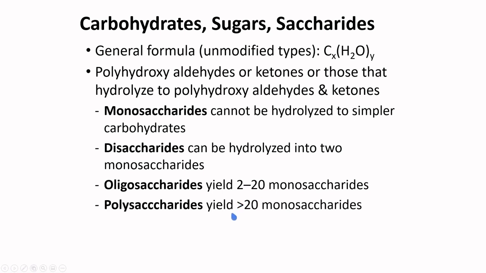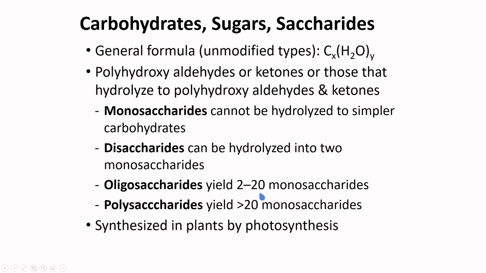Polysaccharides, on the other hand, yield more than 20 monosaccharides. Please note that the cutoff number 20 is not set in stone. It may be smaller or larger depending on the type of carbohydrate being described. Carbohydrates are synthesized in plants by photosynthesis.